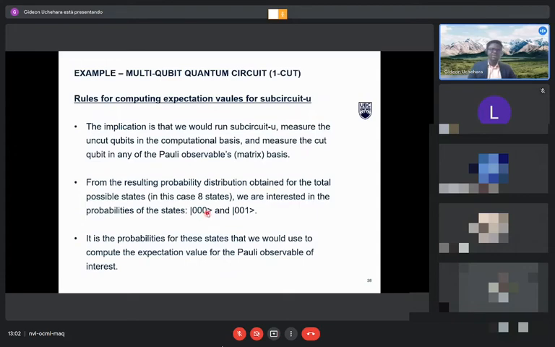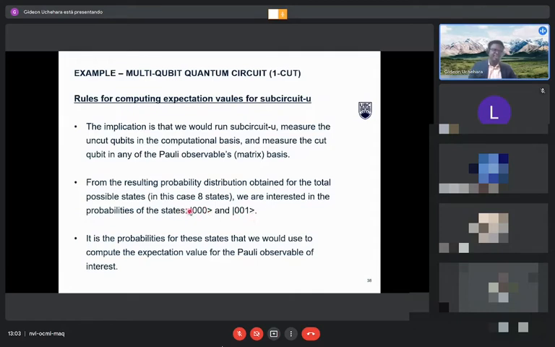Out of the 8 states, we are interested in the states that correspond to the state that we want to compute its probability for. And recall the state I wanted to compute its probability for was 00100. Because we are considering the cut qubit, it can take on 000 or 001 states.